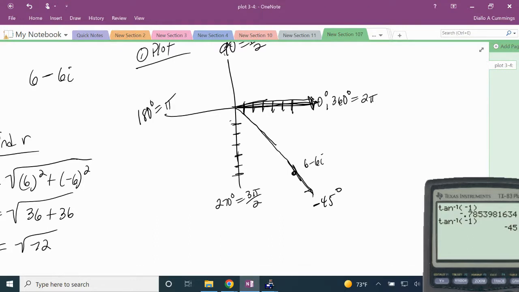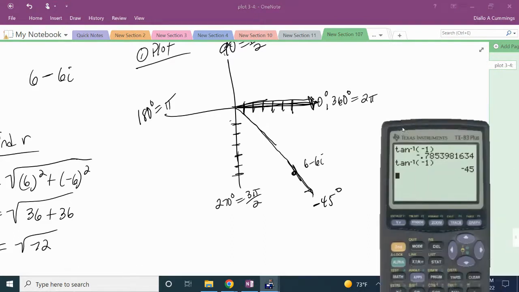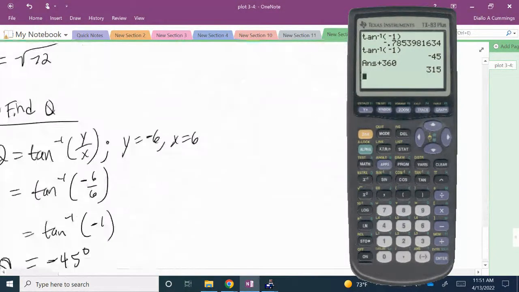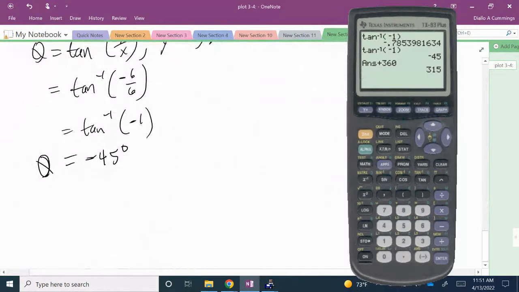So here I'm going to take our angle measure and add 360, and I have 315 degrees. So -45 degrees and 315 degrees are coterminal angles.